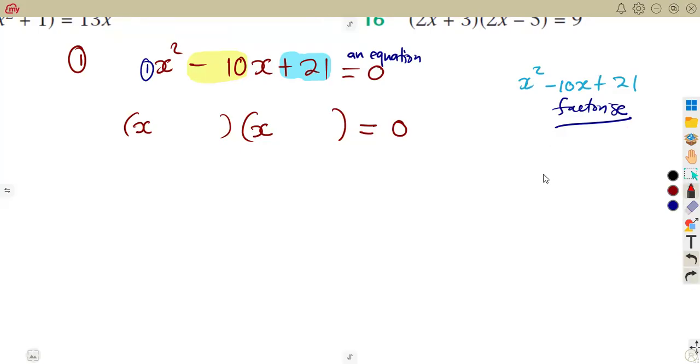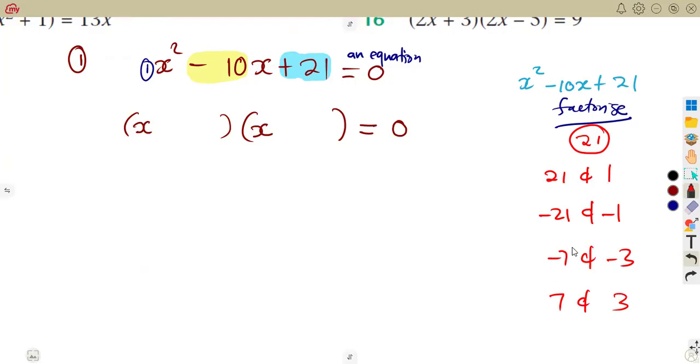Remember, like I said before, this is a trial and error where you must try the numbers, the products, 2 numbers that you can multiply to obtain a 21. As we have numbers like 21 and 1, if you multiply this, you get a 21. Minus 21 and minus 1. The minus 7 and minus 3, the 7 and the 3.